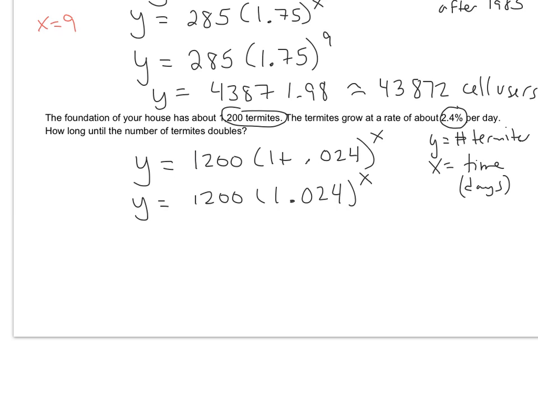And so in this case, it wants to know how long until the termites double. Well, double 1200 would be 2400. So basically what we know is we know y equals 2400. So if I put that in there, 2400 equals 1200, 1.024 to the x.